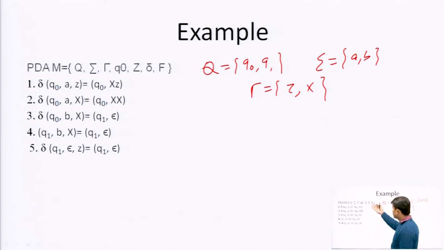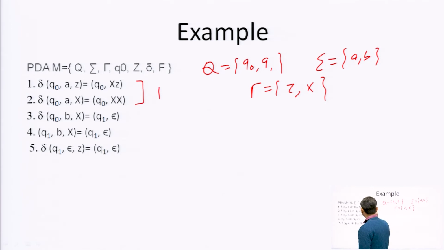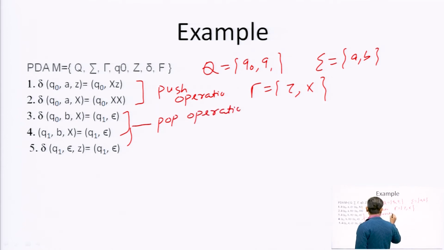Here Z is the stack bottom, and for each A we push X into the stack. These two are push operations, as we have already discussed. And these three are pop operations.